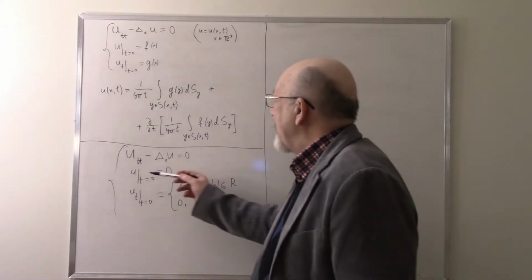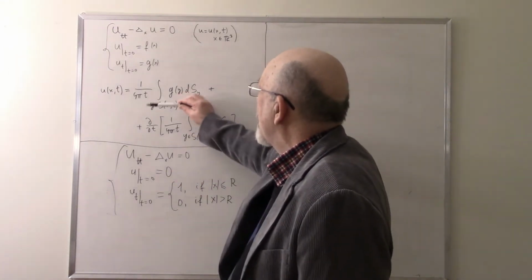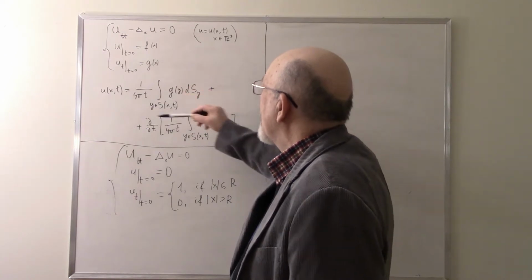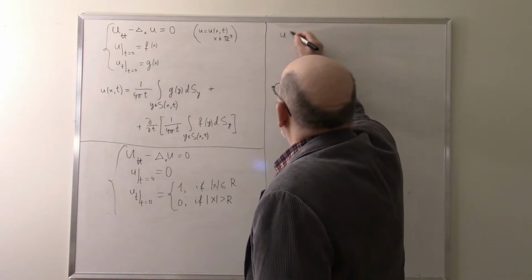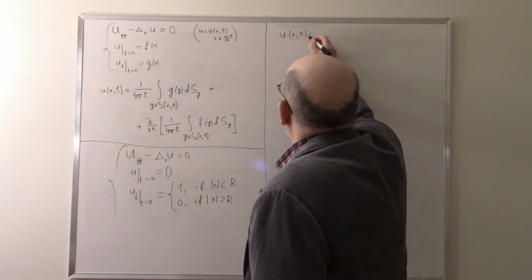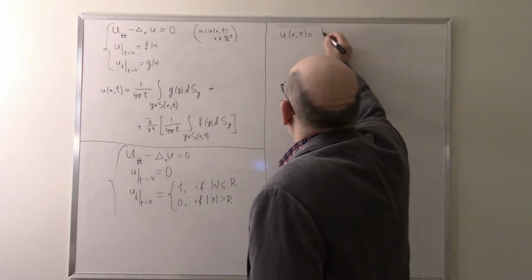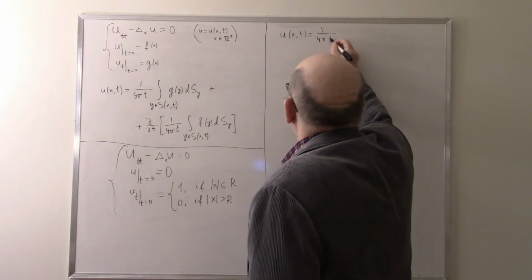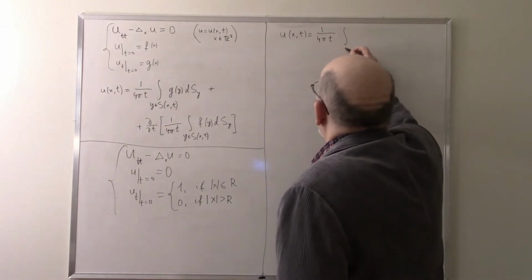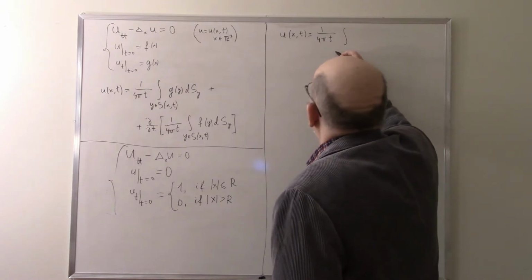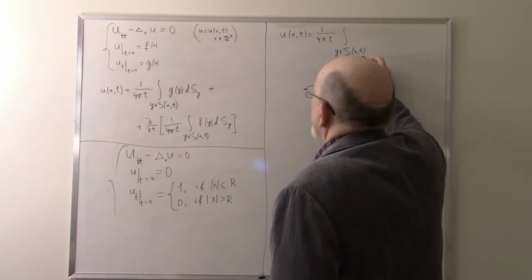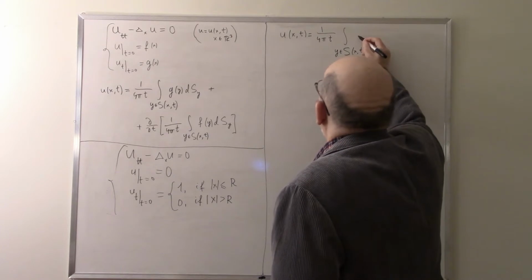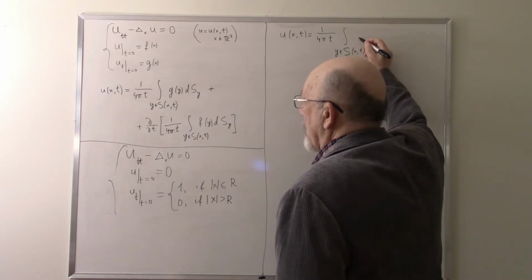If f equals 0, then only the first integral remains. The second is 0 because f is 0. So u of x, t equals 1 over 4 pi t, integral over the sphere, y in S of x, t, g of y dS.